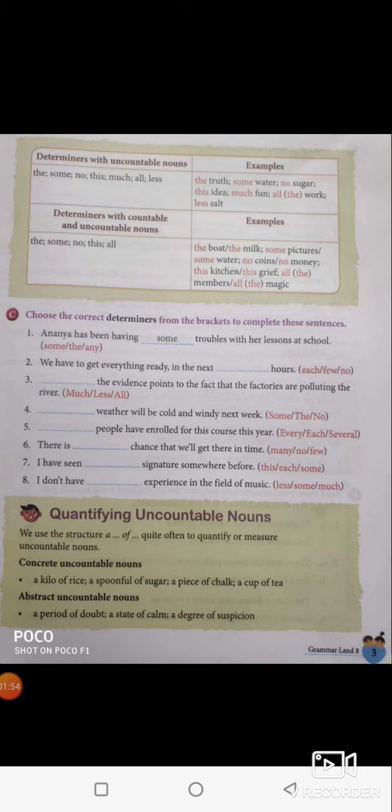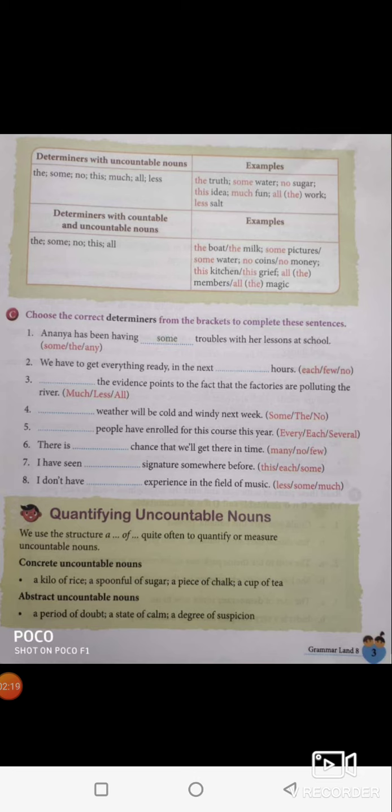Abstract uncountable nouns are like a period of doubt, a state of calm, a degree of suspicion. These are all abstract nouns like doubt, calm, suspicion, intelligence, beautiful, and so on.